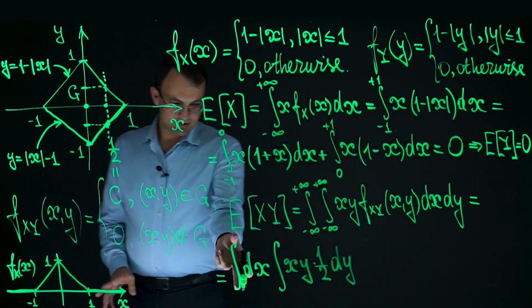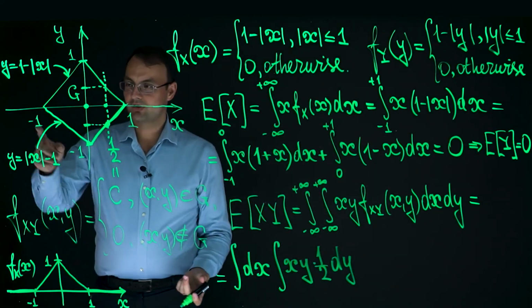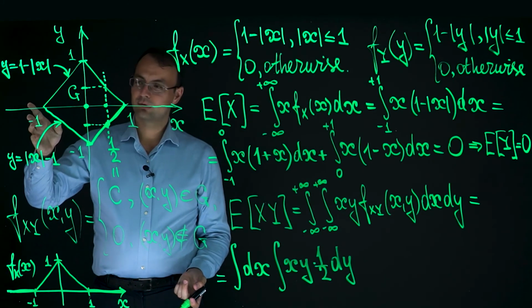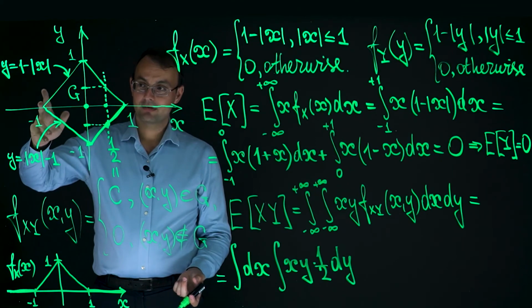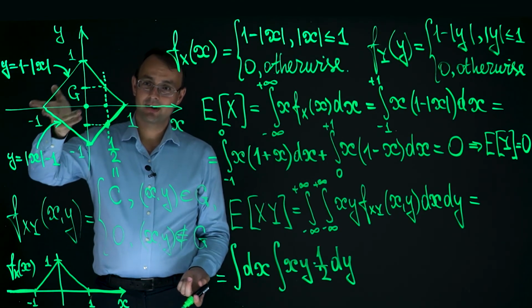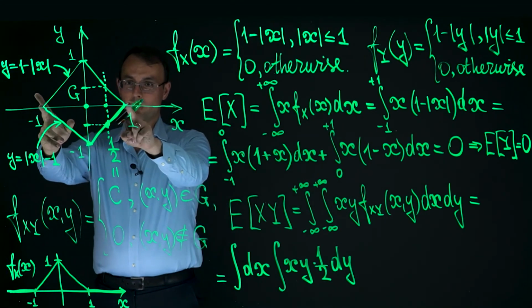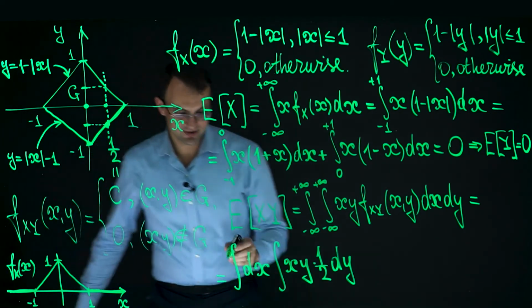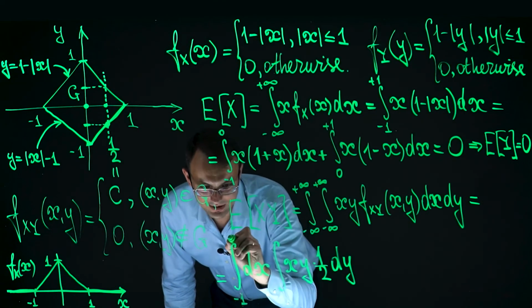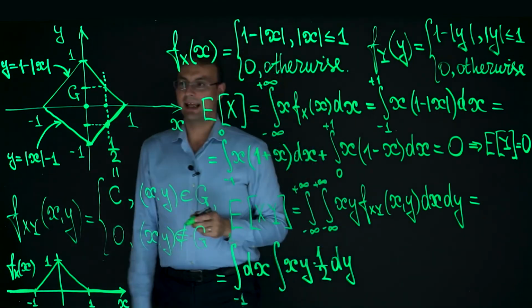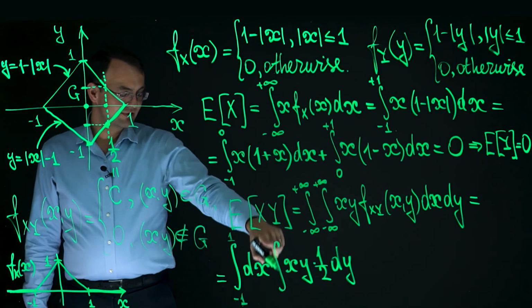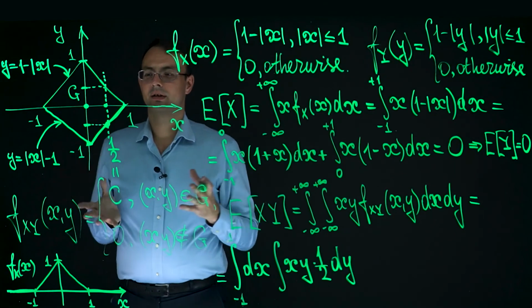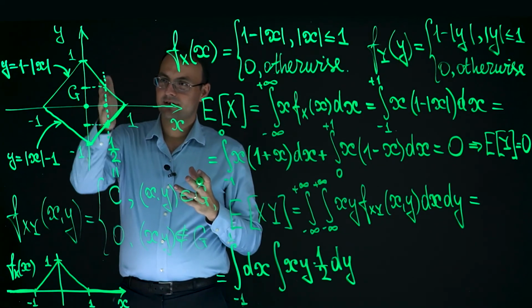As for the limits of integration here, they are just -1 and 1, so we take the most left and most right points of our region, from -1 to +1.